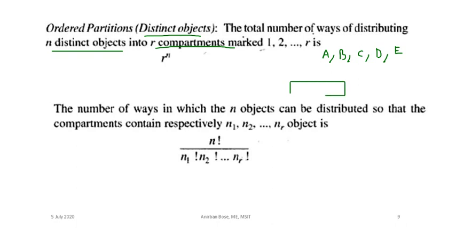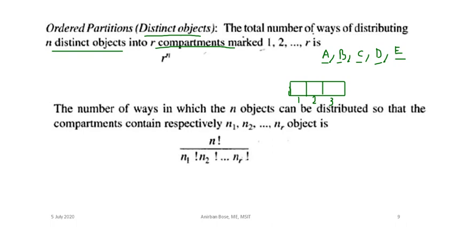These objects are to be distributed in three compartments. Suppose these are the three compartments marked 1, 2, 3 like this. The question is in how many ways they can be distributed. So this is a very simple one. We can put here any one of these 5, right?